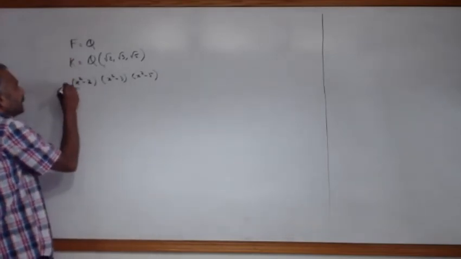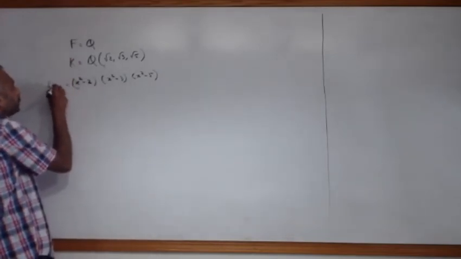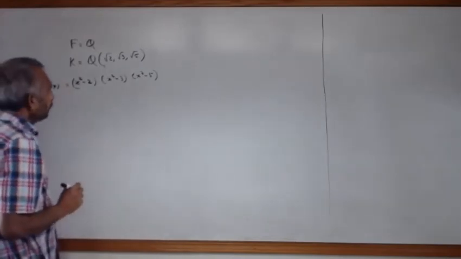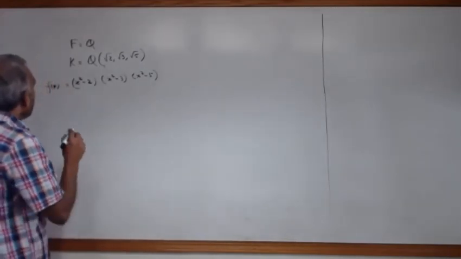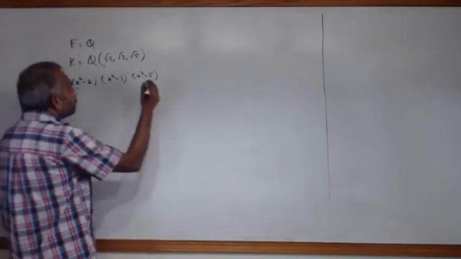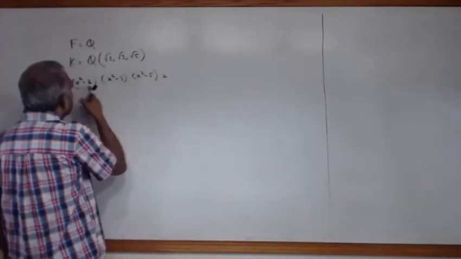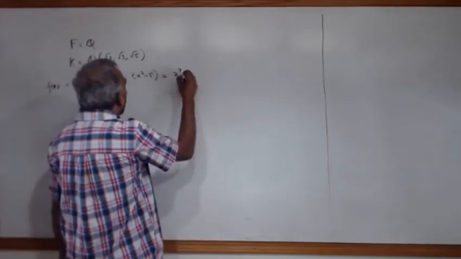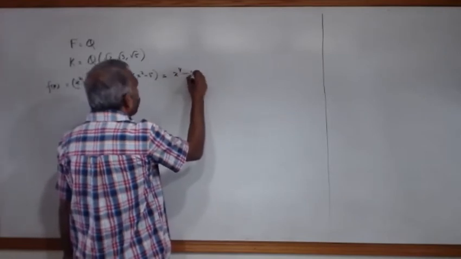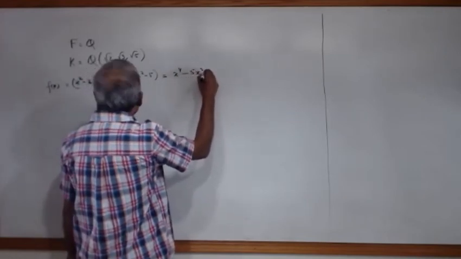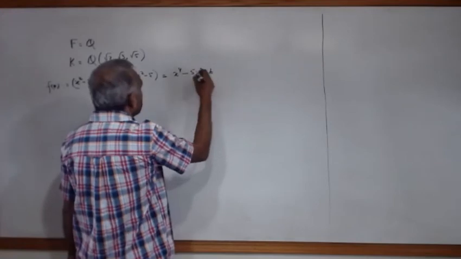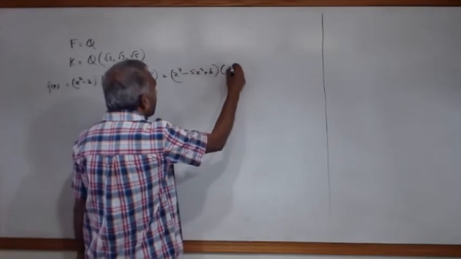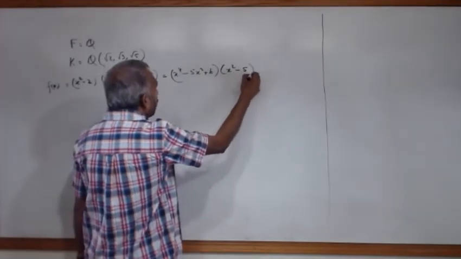So let us take this as f of x. So f of x is equal to x to the power of 4 minus 5x squared plus 6, times x squared minus 5.